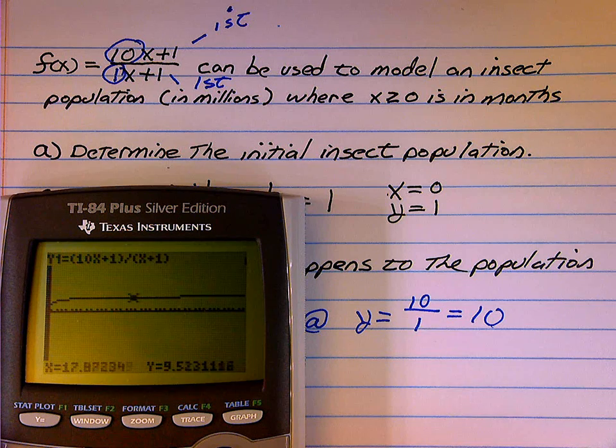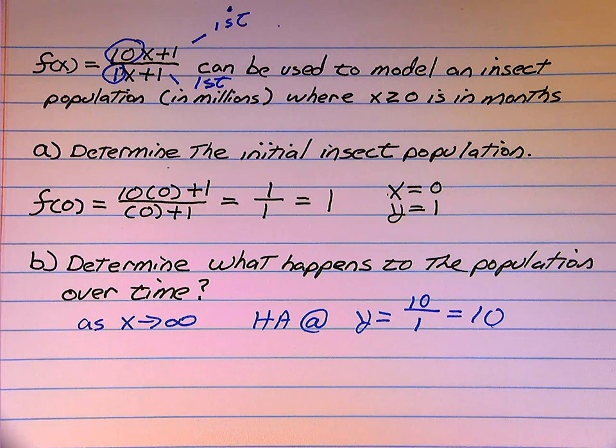I know that as I move to the right, my y value is getting closer and closer and closer to 10. Which means, if I go back to my original question, as I get more and more to the right, or more and more time, my population of the insects is going to get closer and closer to 10 million.